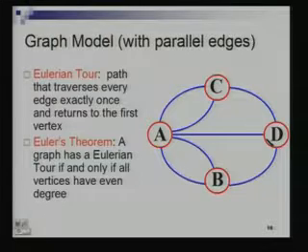So every vertex has to have an even degree for this to work. But here there are 2 vertices with odd degrees or 3 vertices with odd degrees. Oh, sorry, all vertices have odd degrees. So clearly this cannot be done.